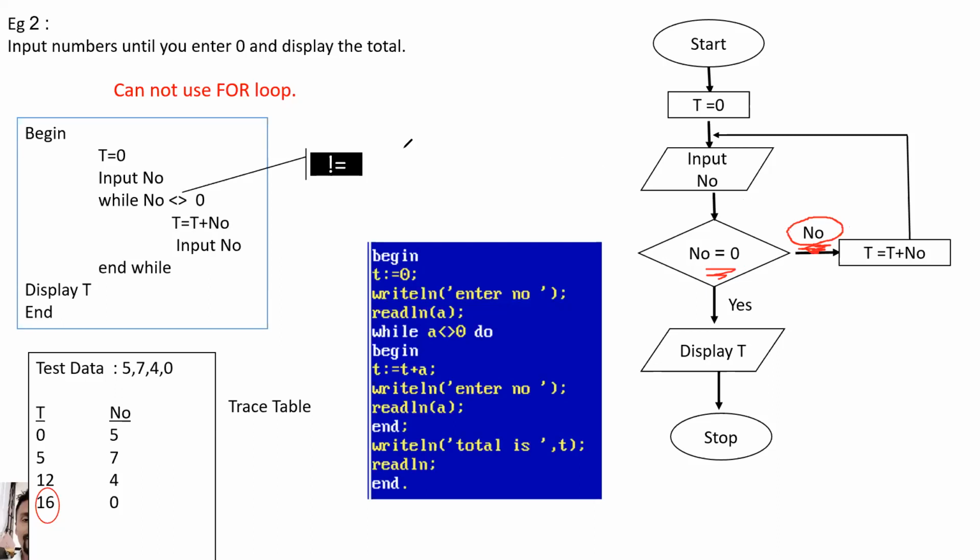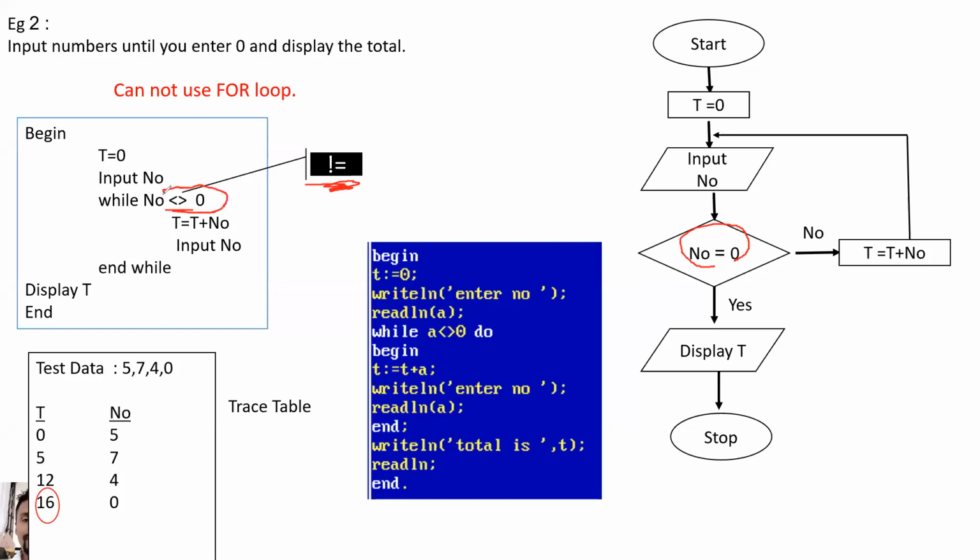Now if I go to the while loop, t equals 0, input number, then while not t equals 0. You can use this symbol in Pascal. If you are doing A-level ICT, we have Python, and this is the symbol for not equal. So you may think here I am checking equal, here I am checking not equal.